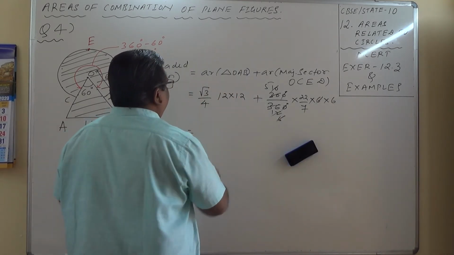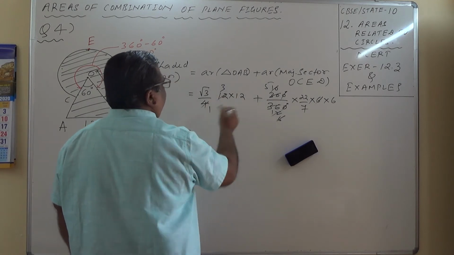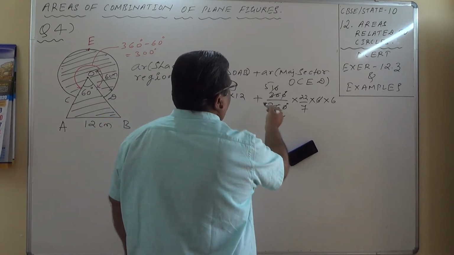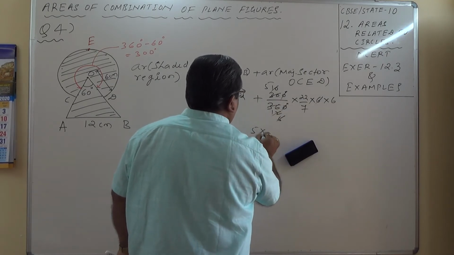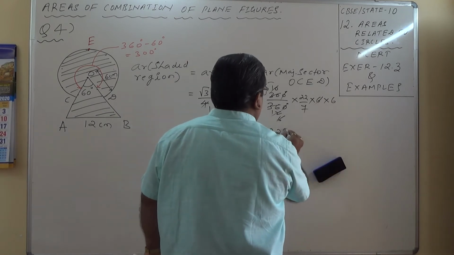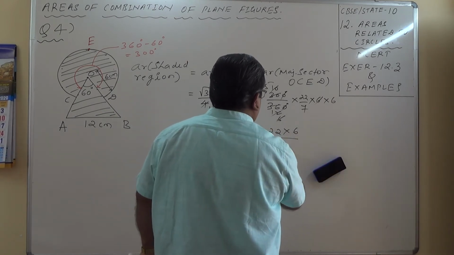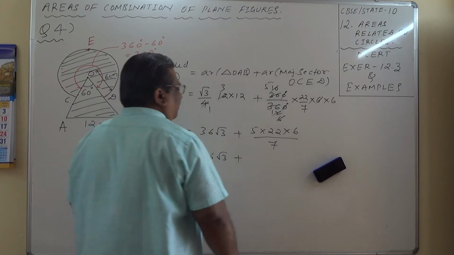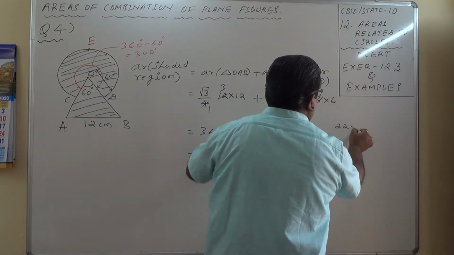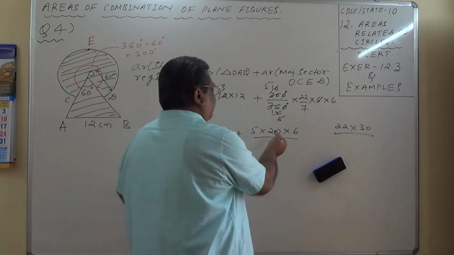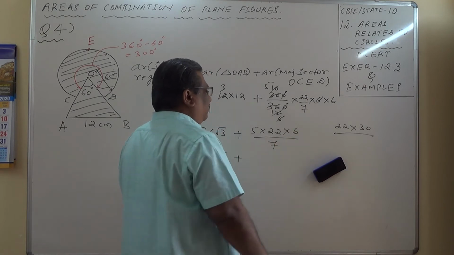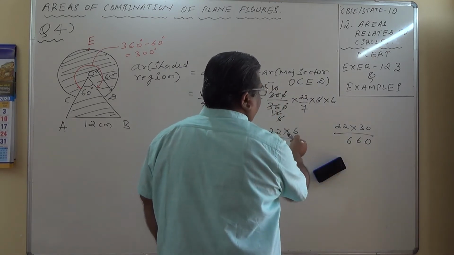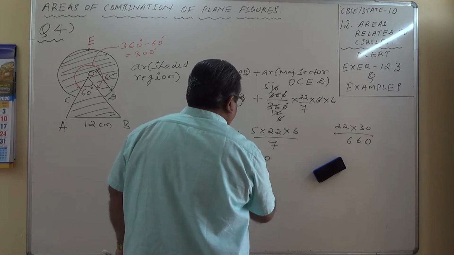So this is 36 root 3 plus 5 into 22 into 6 divided by 7, which is equal to 36 root 3 plus 22 into 30, because 6 5s are 30, 22 into 30 is 660, divided by 7.